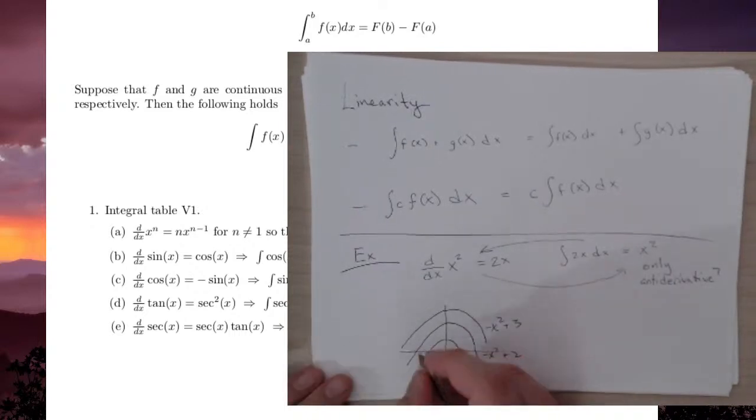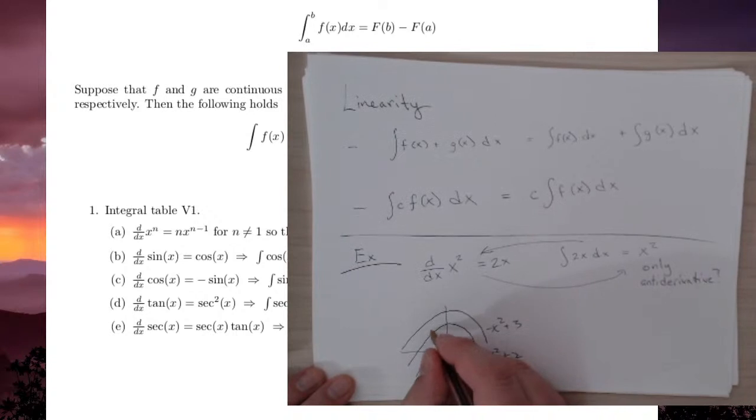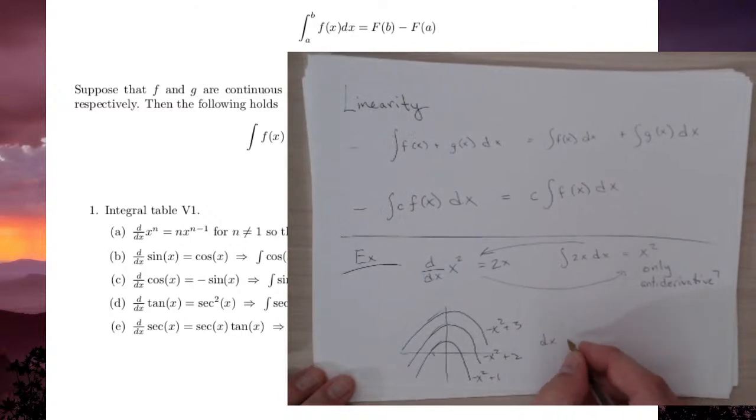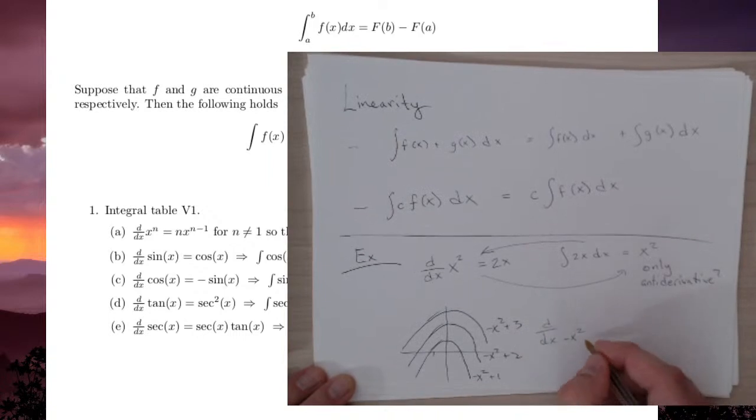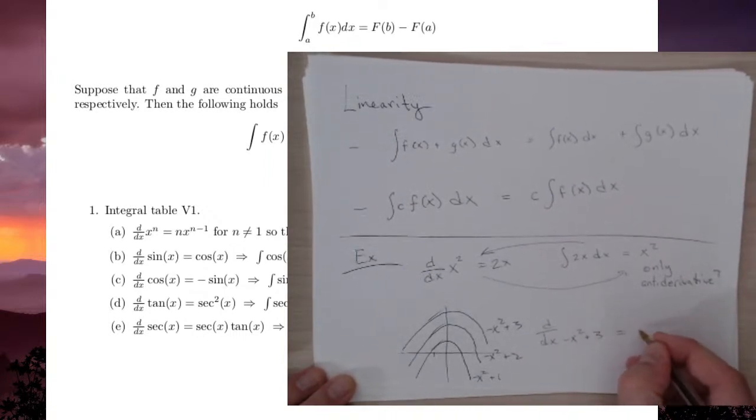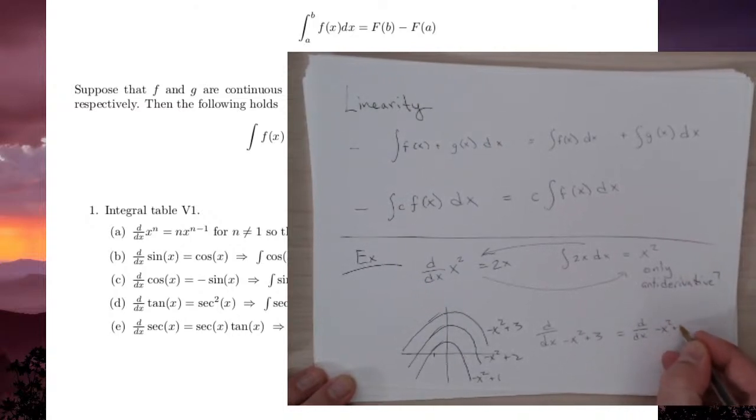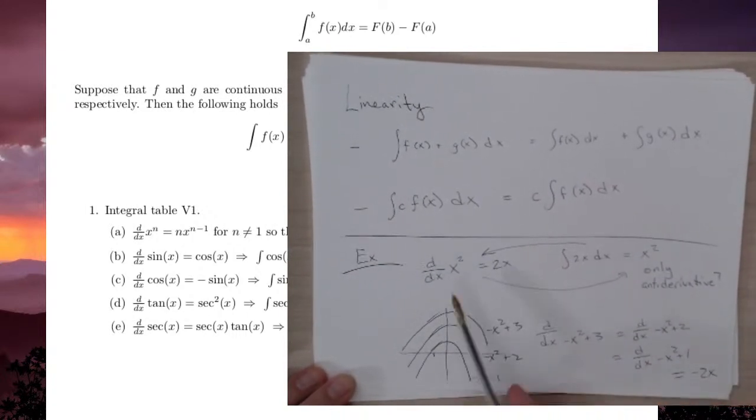Notice that at any point, they're all going to have the same derivative. The derivative of negative x squared plus 3 is the same as the derivative of negative x squared plus 2, which is the same as negative x squared plus 1, and all of those are equal to negative 2x. I realize I did positive there, but who cares, right?